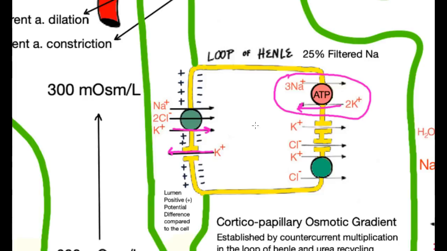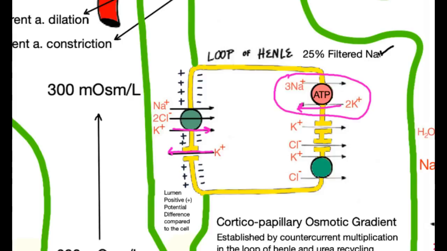And this is because we're packing the cell with potassium, and then that potassium chemical gradient will allow potassium to leak out of the cell, and that will produce a negative potential inside the cell with respect to outside the cell, okay? Now, on the other side, of course, there is a potassium channel, there's a chloride channel, and then we can move potassium and chloride outside the cell if we need to.